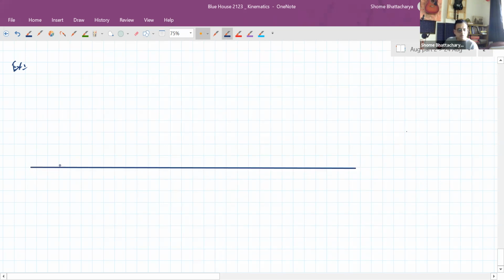So suppose we are firing a projectile at some given speed, let's say 50 meters per second, at some given angle, let's say 53 degrees, at time t equal to 0.